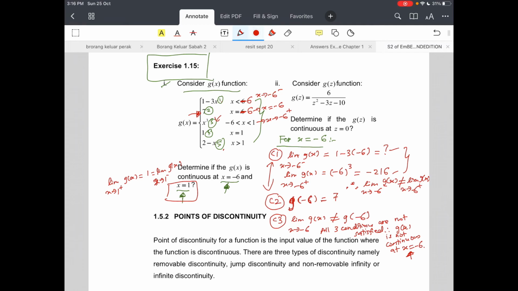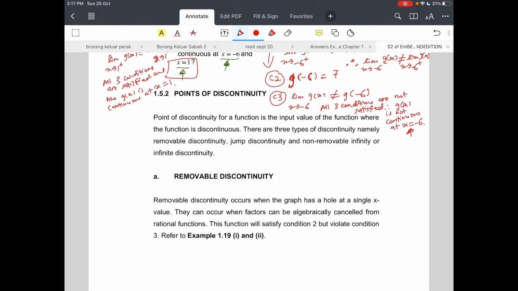So the conclusion: all three conditions are satisfied, and g(x) is continuous at x equals 1. And then try to do the second question here.